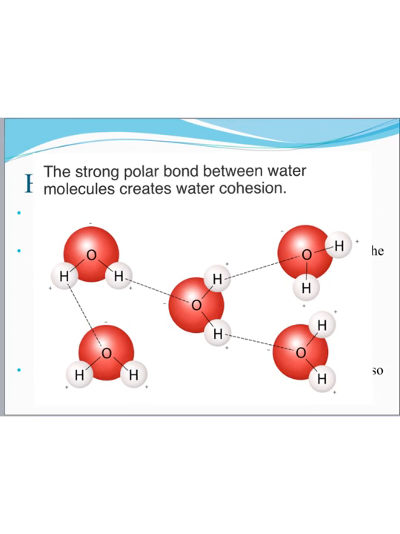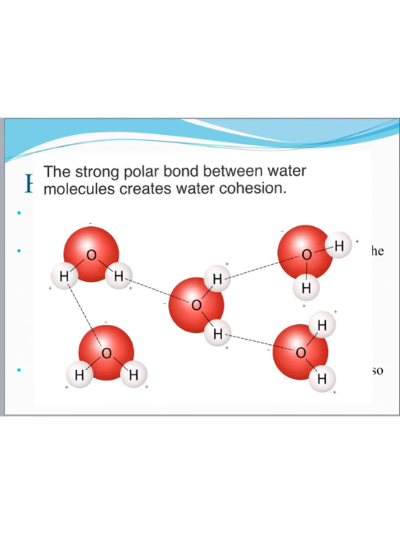Interestingly enough, when we see water molecules interacting with each other, the hydrogen bond is strong enough to create a surface tension or a cohesion within the water that allows some very strange phenomena that we observe in nature, like certain bugs, or animals in fact, that can run on water, or amphibians even.